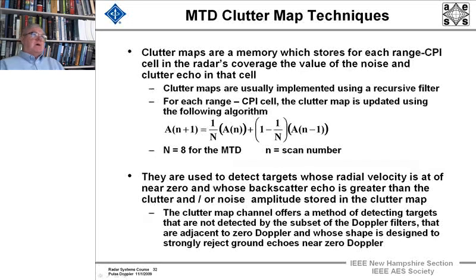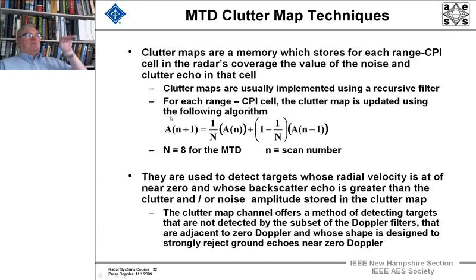Now I'd like to talk about the MTD clutter map techniques. Clutter maps are a memory which store, for each range CPI cell in the radar's coverage, the value of the noise in the clutter echo. They are implemented using a recursive filter that updates them in time every scan of the radar.